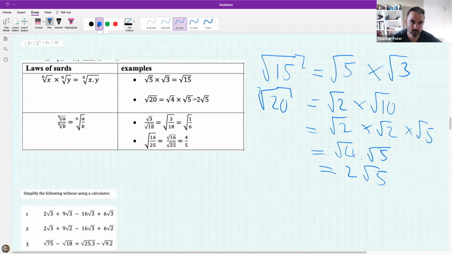I want you to simplify for me the surd square root of 98. Can you break that down for me? Break down the square root of 98 using the surd law I was just showing you now.